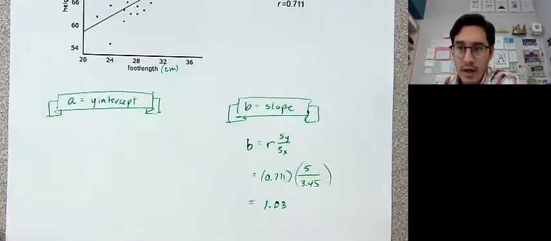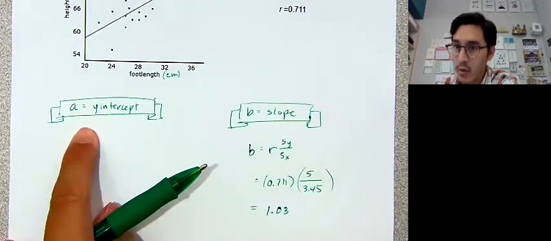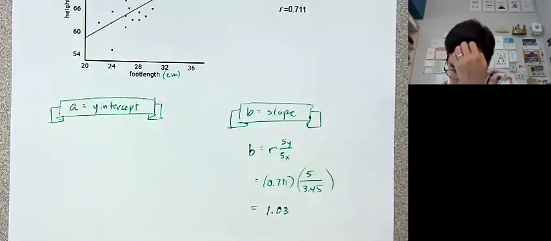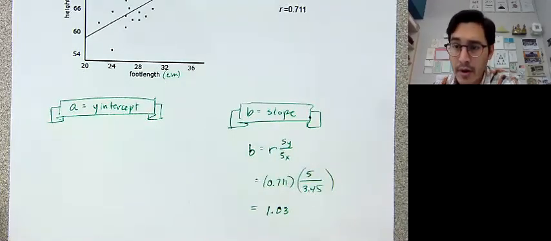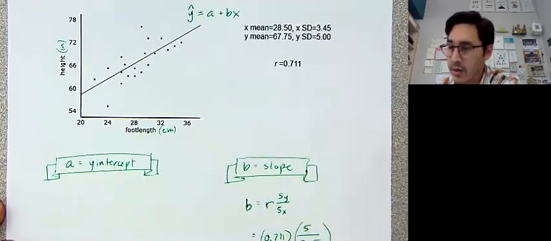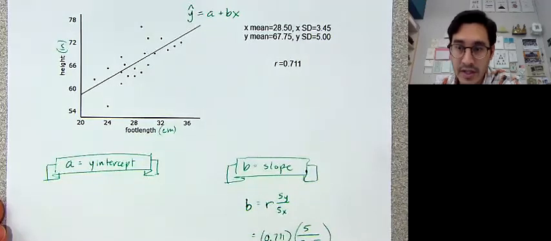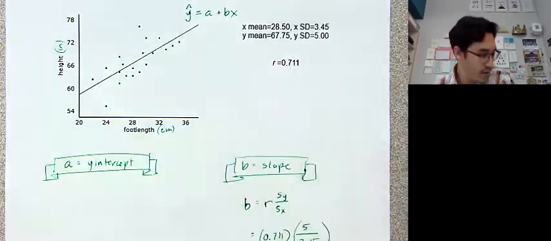The next step is to find the y-intercept. Something to remember about our least squares regression model, from the last video, is that it will always pass through the average x value and the average y value. We can verify that.